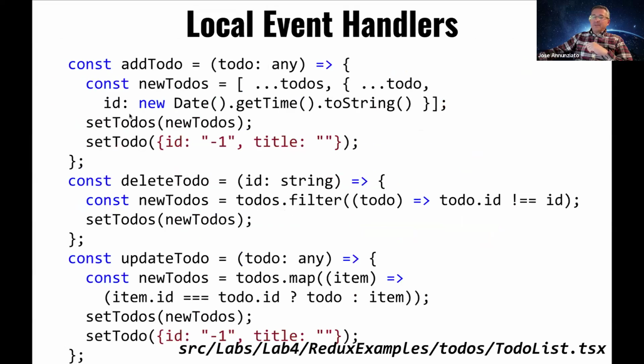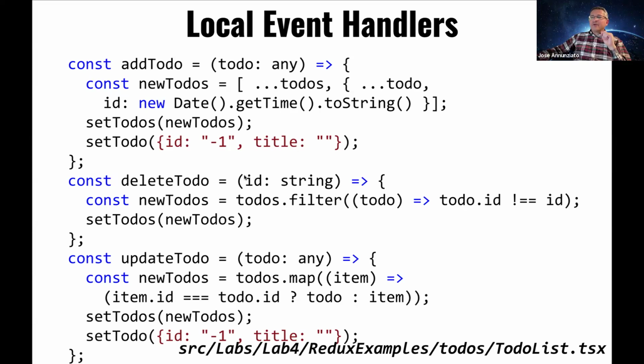I'll also compute a unique ID with some timestamp. Once I have the new array of to-dos, we can set the to-dos to this new array, which will include a new object at the end of the array. So you'll have the old to-dos plus this new to-do object at the end. And then we're going to clear out the title, so if it's an input field, and I type something and I say create, I'll clear out whatever I had typed before.